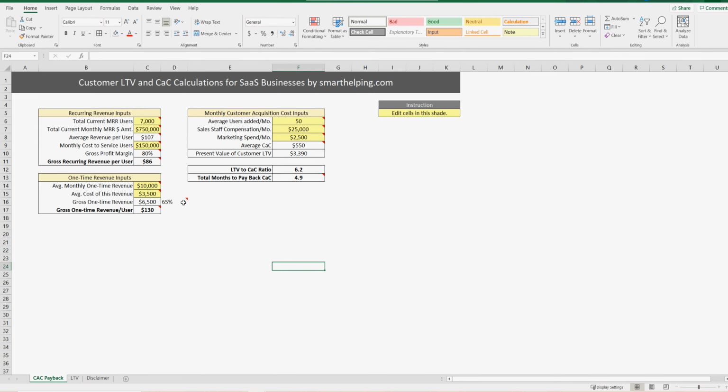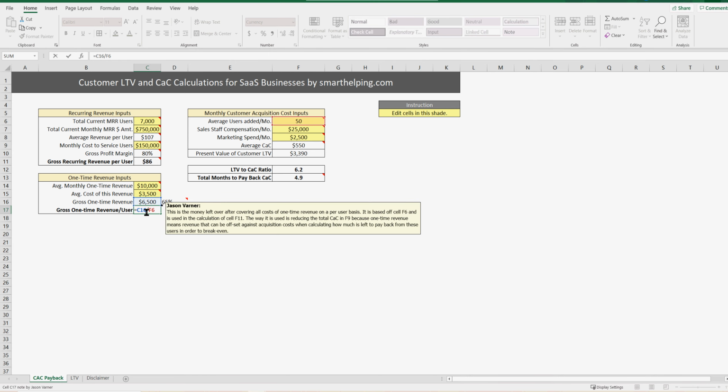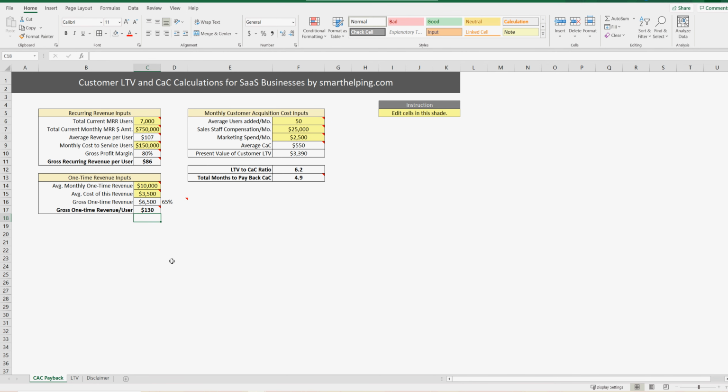You've got a gross profit here, and then you divide that by the total users to figure out what your one-time revenue per user is. And that's actually divided by your total users added per month.